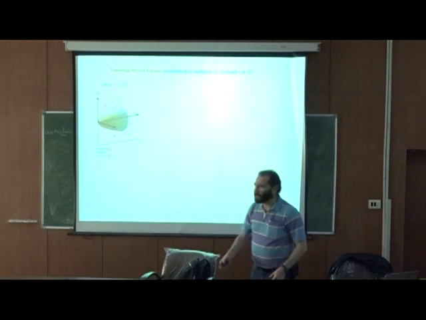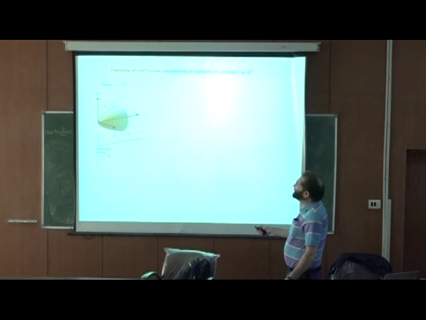This is what I'm displaying here: r, and the angle here is phi. And this is the way these surfaces would look if placed in R3. This is topologically equivalent to R3.